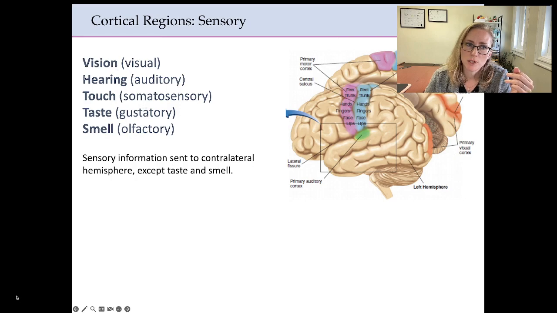But I do want you to know these top three. So we talked about touch, somatosensation, right? Our primary somatosensory cortex, our primary visual cortex and our primary auditory cortex. One in each lobe, right? Parietal lobe has one, occipital lobe has one, and temporal lobe has one. And motor is in the frontal lobe.